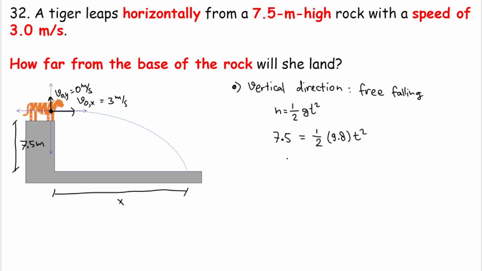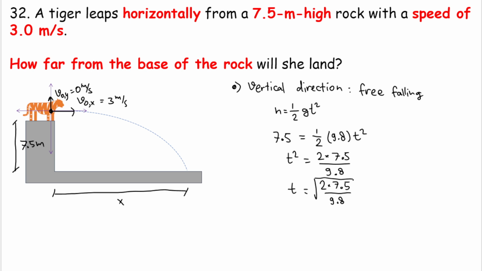And we can isolate for t squared here, so we'll have t squared is equal to 2 multiplied by 7.5 divided by 9.8. And so we can have the time that has elapsed after the tiger leaves here, that will be the square root of 2 times 7.5 divided by 9.8.